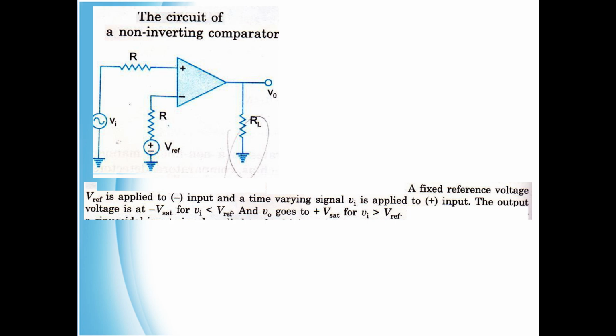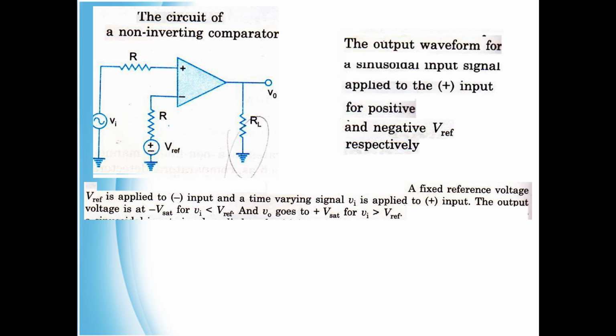The output voltage is at minus Vsat for Vi less than V reference, and V naught, the output voltage, goes to plus Vsat for Vi greater than V reference.